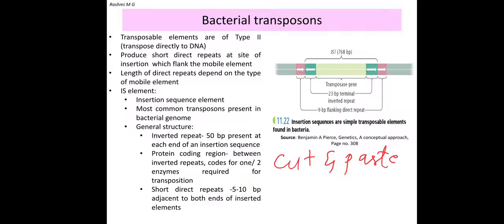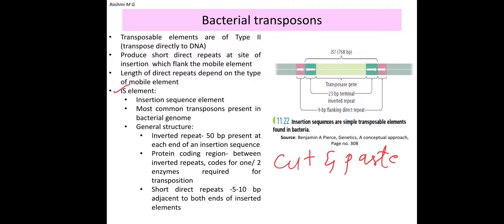They produce short direct repeats at the site, and we now know how these short direct repeats are formed. It is during the transposition of the transposon in the bacterial genome. An example of a bacterial transposon is the IS element.